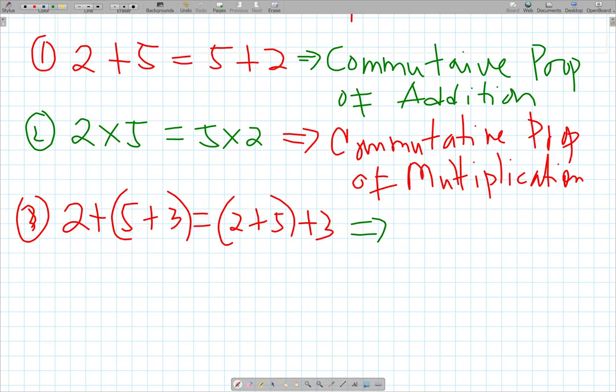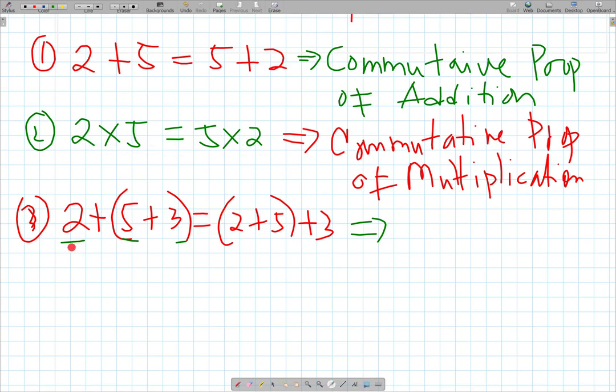May 2 tayo, may 5, may 3. So, there are 3 numbers, 2, 5, and 3. So, di katulad dito, dalawa lang. So, pag dalawa, that is commutative property. Eto, dalawa ang number, 2 at saka 5, times. So, that is commutative property of multiplication.